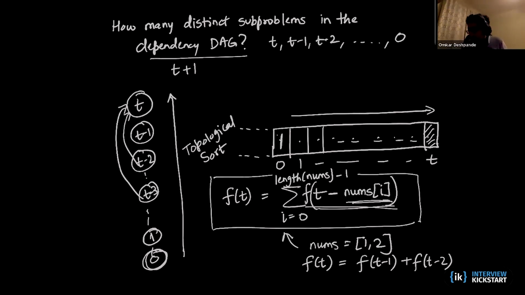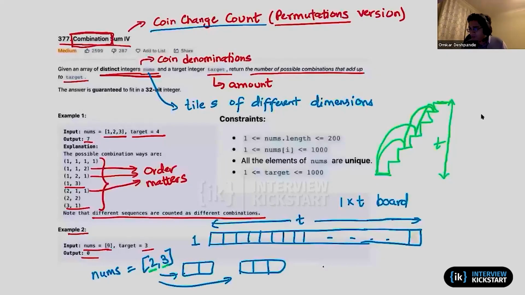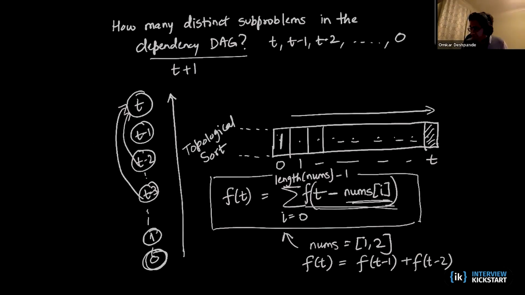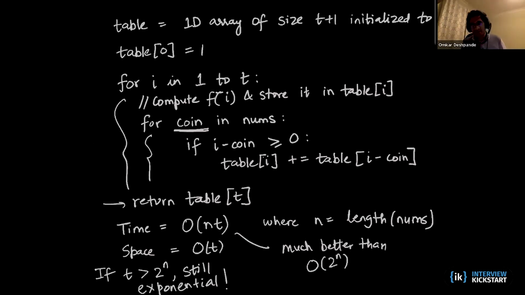We are looking at counting, and I'm taking Combination Sum 4 and interpreting it as a coin change problem, but a permutations version, because they don't have a direct problem like that on LeetCode, so that we can compare and contrast it with what happens when rearrangements are not to be counted as separate solutions.